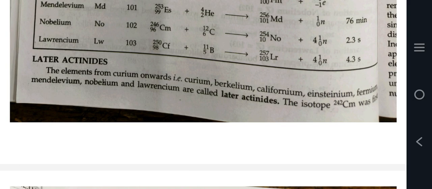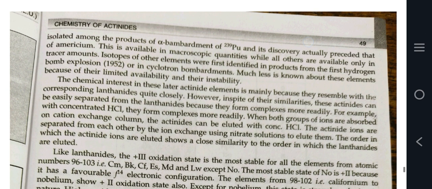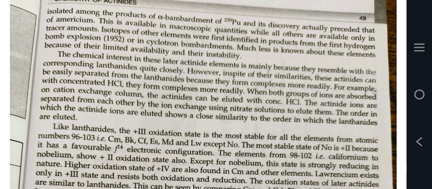Later actinides, the elements from curium onward: curium, berkelium, californium, einsteinium, fermium, mendelevium, nobelium, and lawrencium, are called later actinides. The isotope 242Cm was first isolated among the products of alpha bombardment of 239Pu, and its discovery actually preceded americium.